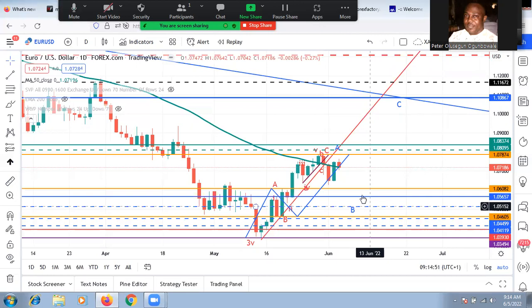And if it works out like that, though it's a flat in the middle, it will still be working like a zigzag of the entire structure. This one had run up like a zigzag. This one had formed a flat in the middle to also pave the way for this zigzag. And I think that is what is going to happen. So it's not going to run to 90.